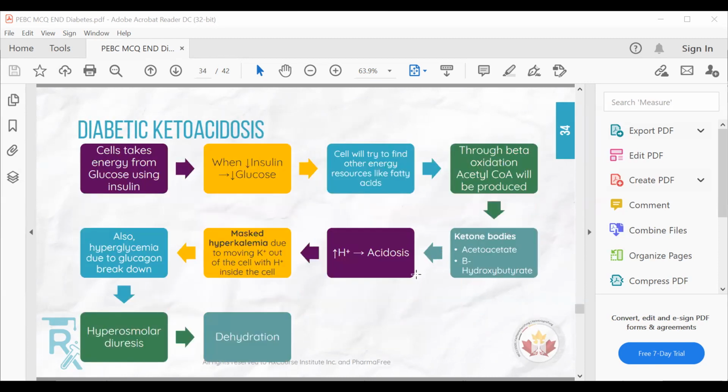Okay, the other thing with diabetes is diabetic ketoacidosis. So generally speaking, our body depends on glucose as a main source of energy. What if a diabetic patient has a problem with insulin sensitivity, for example?